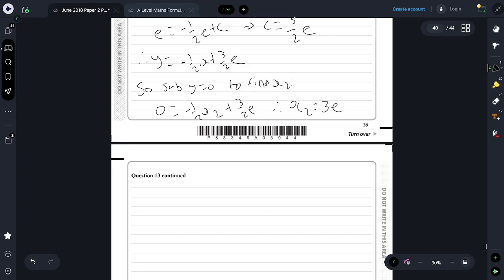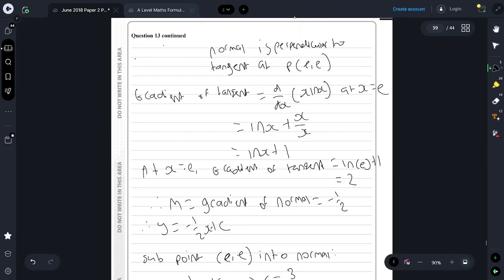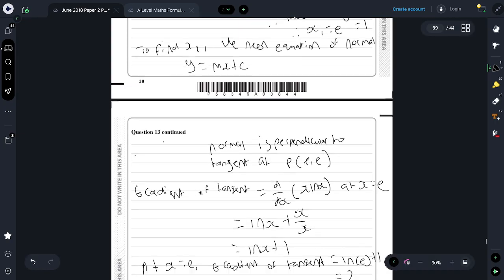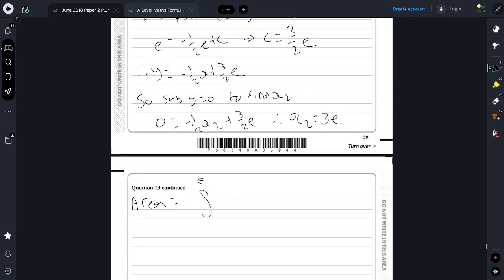So now we found our missing information. So the area then is between, what was it, 0? No, it was between x1 and e. Remind me what x1 was again? x1 was 1, okay, so e to the 0.